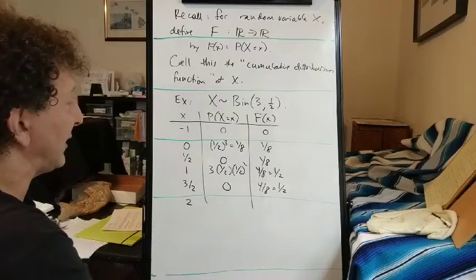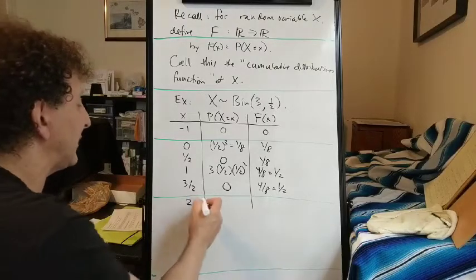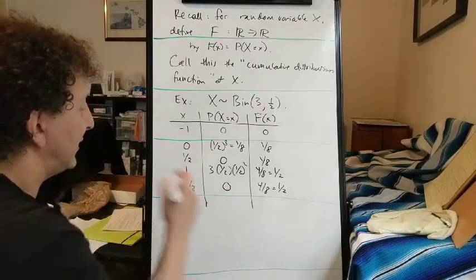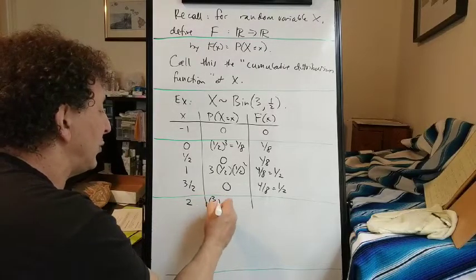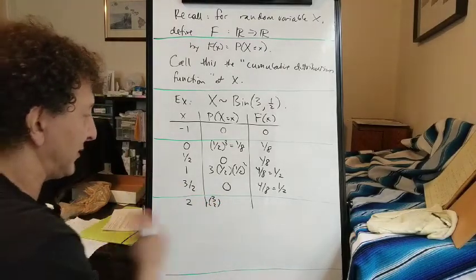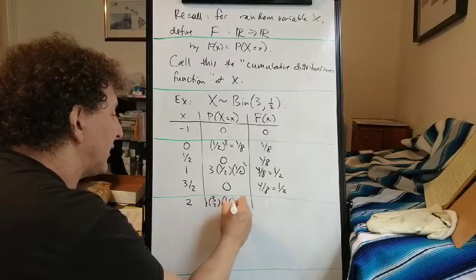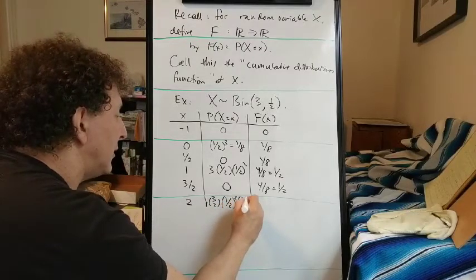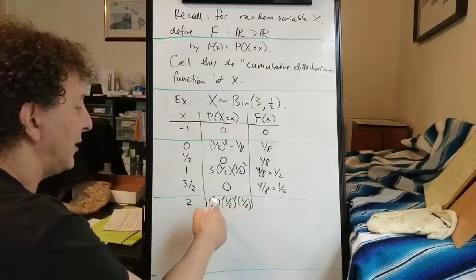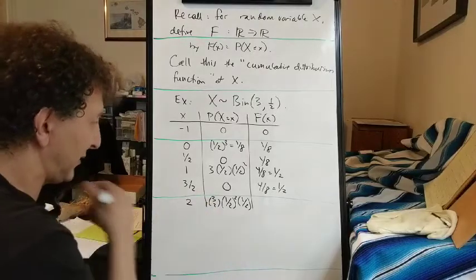The probability of having exactly 2 successes is 3 choose 2 ways to choose the 2 trials to be successes. Success squared, failure, that's still 1/8. 3 choose 2 is 3, so 3/8.